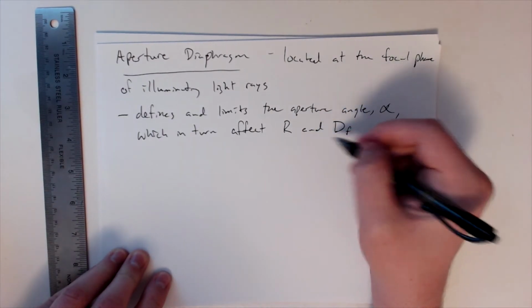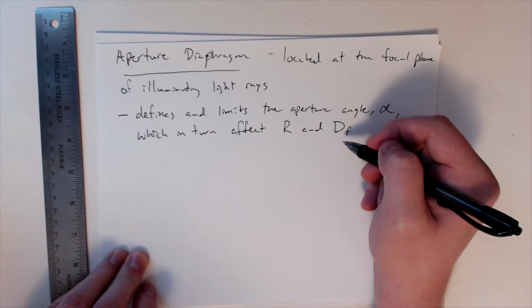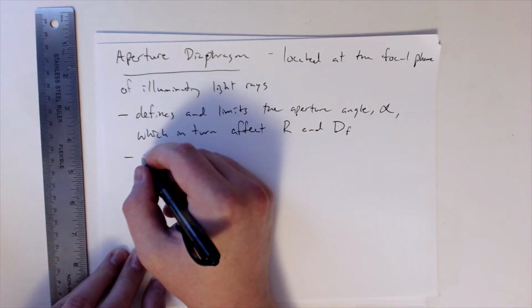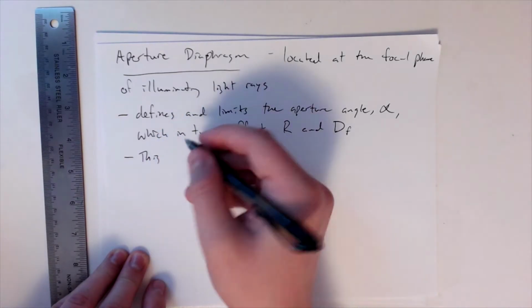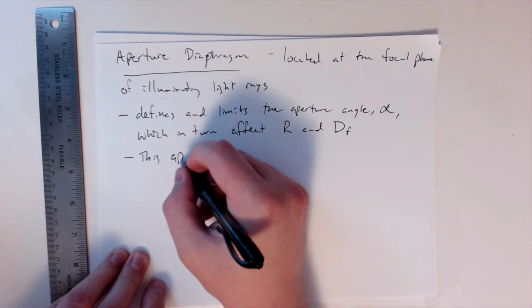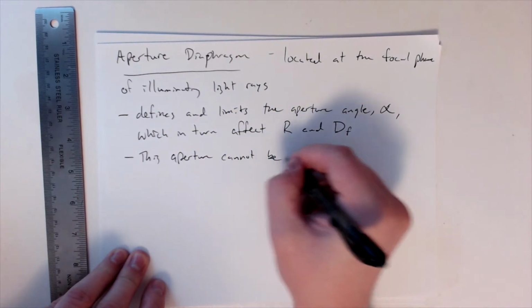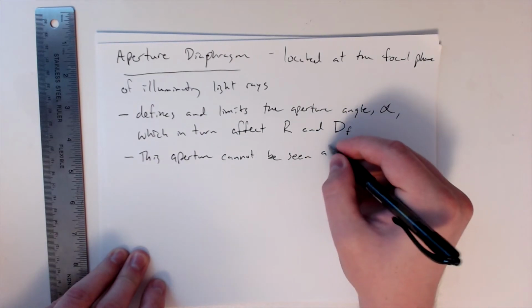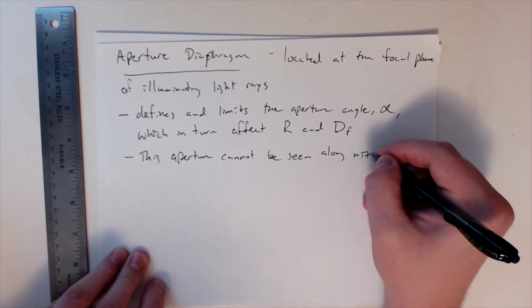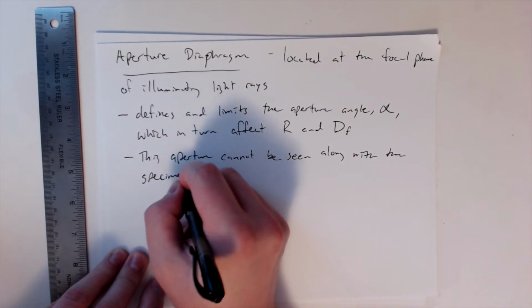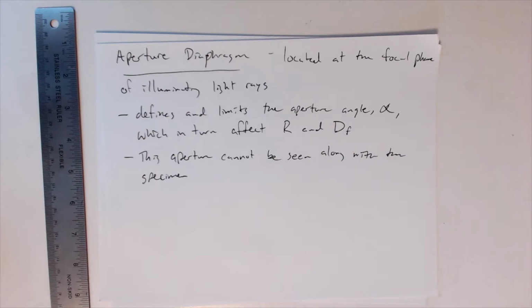So capital R for resolution, D sub F for depth of field. And just a side note here, we can't see this aperture like we could the field diaphragm. So that's the difference between those two.